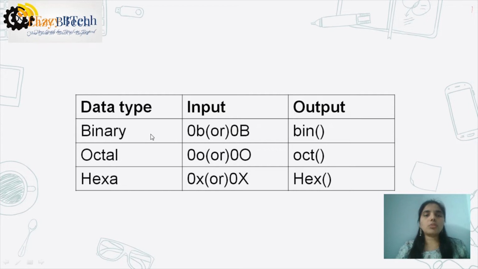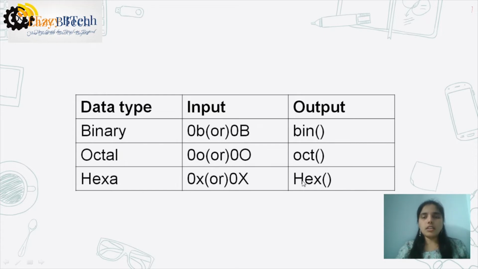For binary input, before the starting of the number you have to give 0B, 0 small b or 0 capital B. So output is bin of. And for the octal number, 0 small o or 0 capital O. So next hexa, 0 capital X or 0 small x.